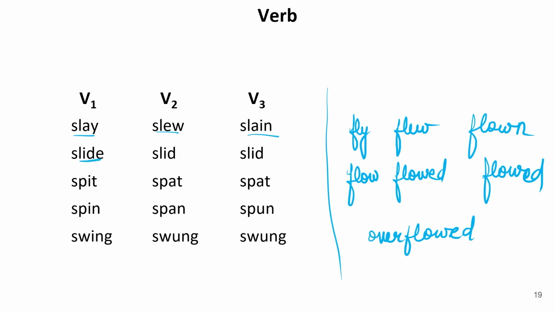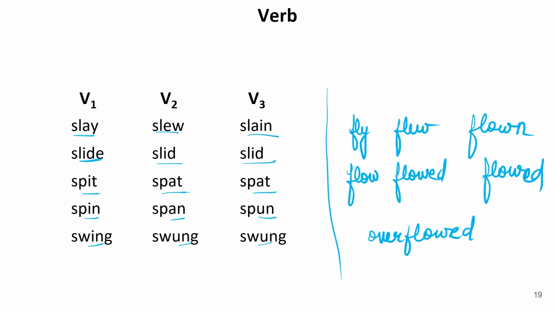Now slide, the second form is slid and the third form is slid. Spit, spat, spit. Spin, span, spun. Spin means to dry something. Swing, swung, swung. So these are some different forms of verbs. There are several other forms as well.